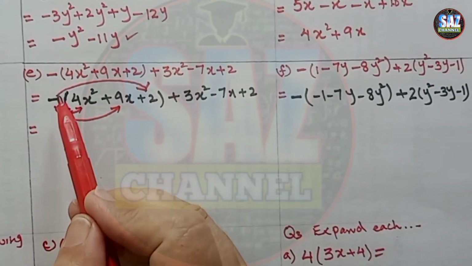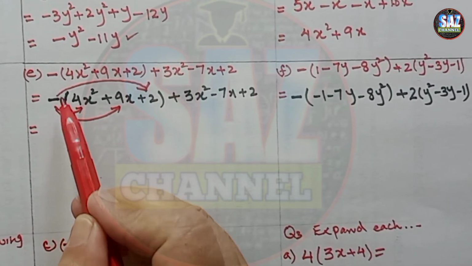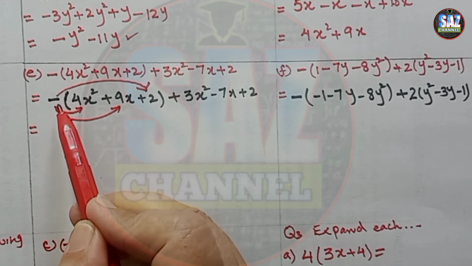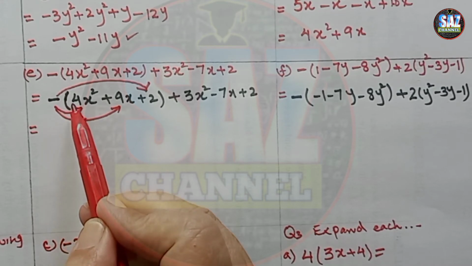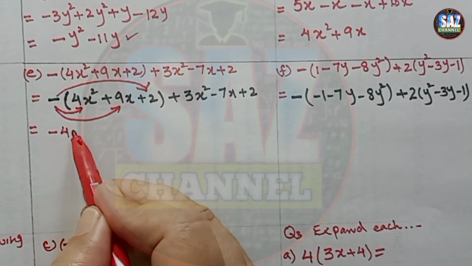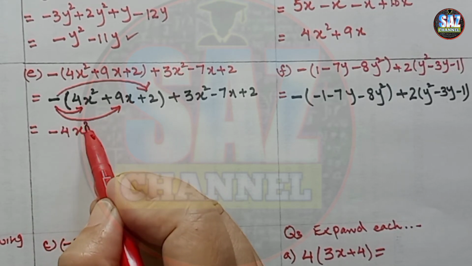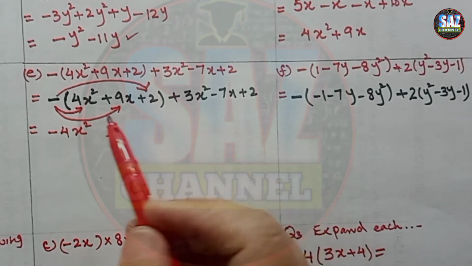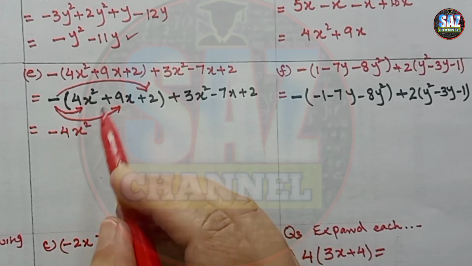Now there is minus sign or minus 1 outside. When minus 1 will be multiplied by positive 4, it will become minus 4x square. I hope you remember the rule of integers from D1.